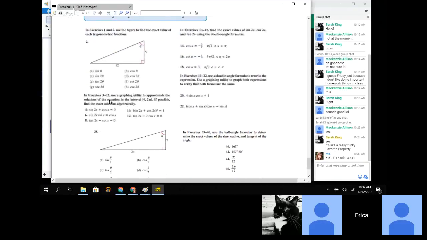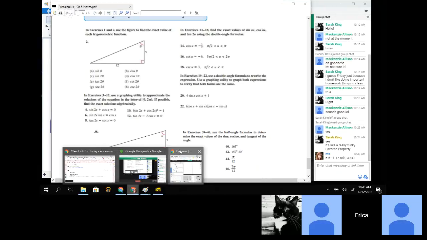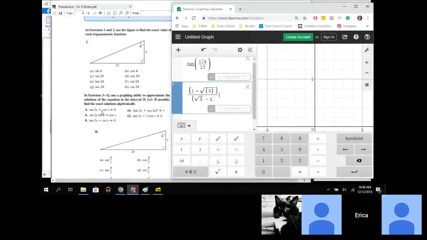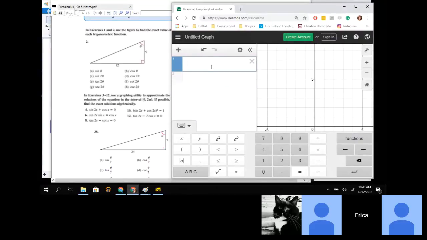In 1 through 12, it says use a graphing utility to approximate the solutions to the equation. So we could do number 4 really quickly because that won't take very long. Number 4 is the sine of 2x plus the cosine of x equals 0. What are my approximate solutions? It's over the interval of 0 to 2 pi.